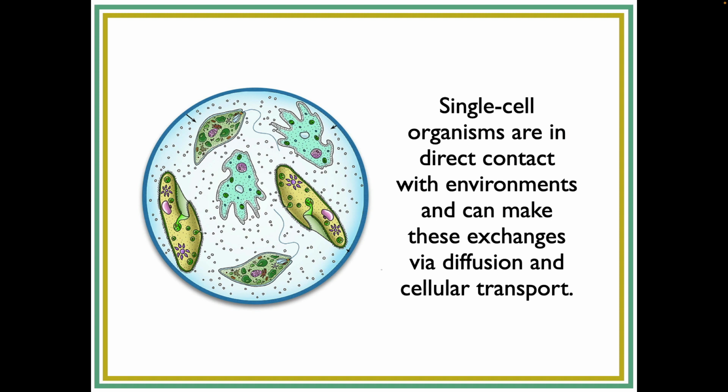Without getting too into the weeds, when we're talking about single cell organisms, the whole cell has this direct connection with the environment. So there's no reason for single-celled organisms to have hearts, because they can just move things in via diffusion and move things out via diffusion.